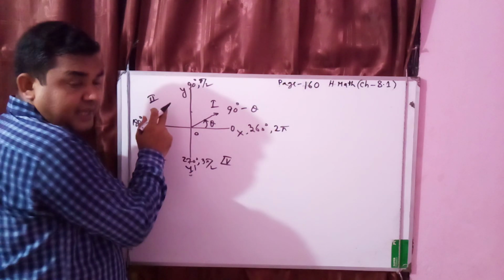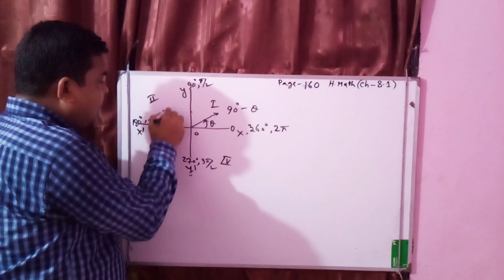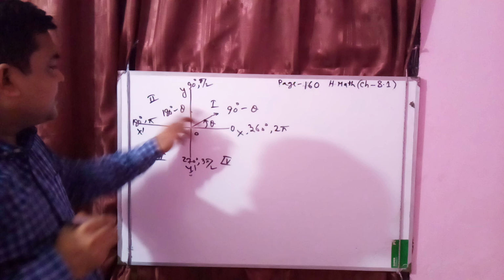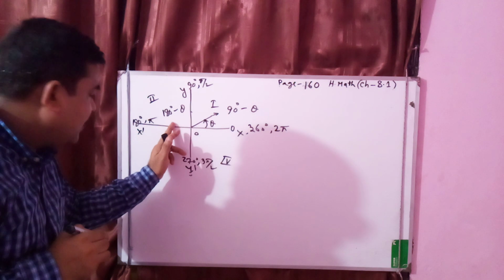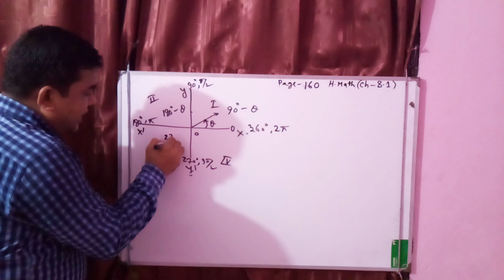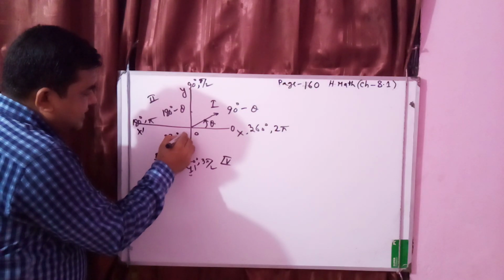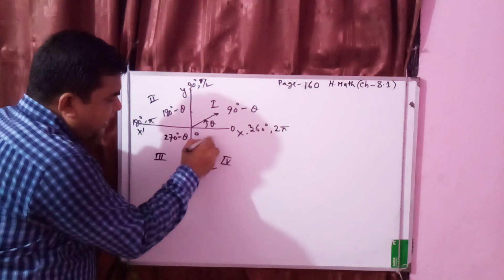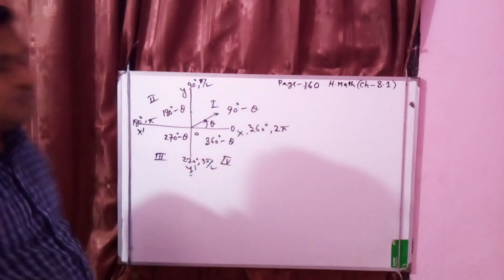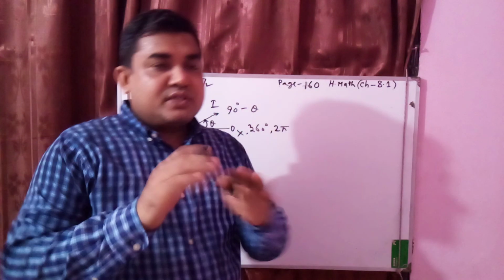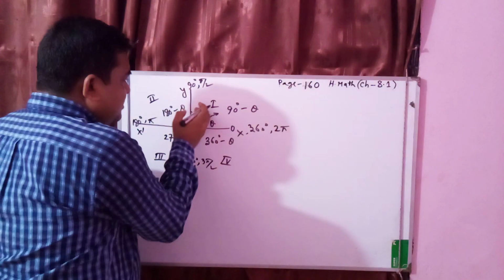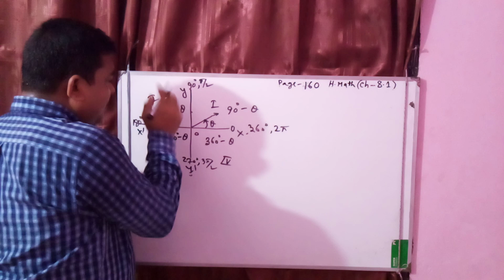Again we see that in the second quadrant, 180 degree minus theta. In the third quadrant 270 degree minus theta. In the fourth quadrant we can write 360 degree minus theta. Now we consider 90 degree plus theta, passing from the first quadrant to the second quadrant.